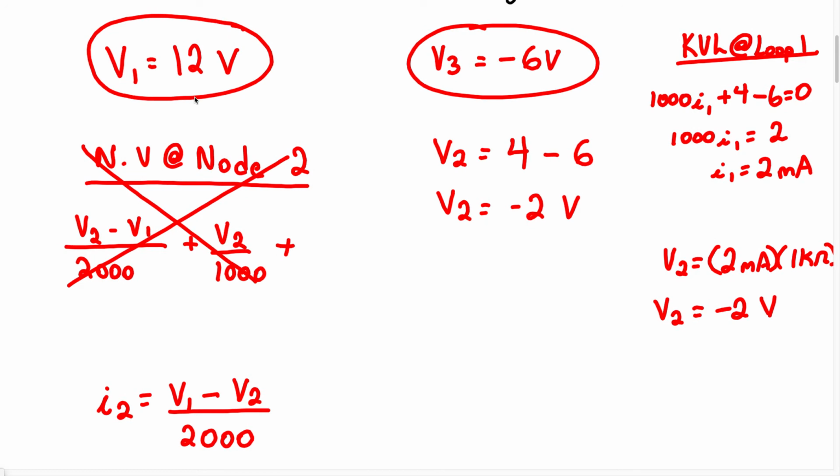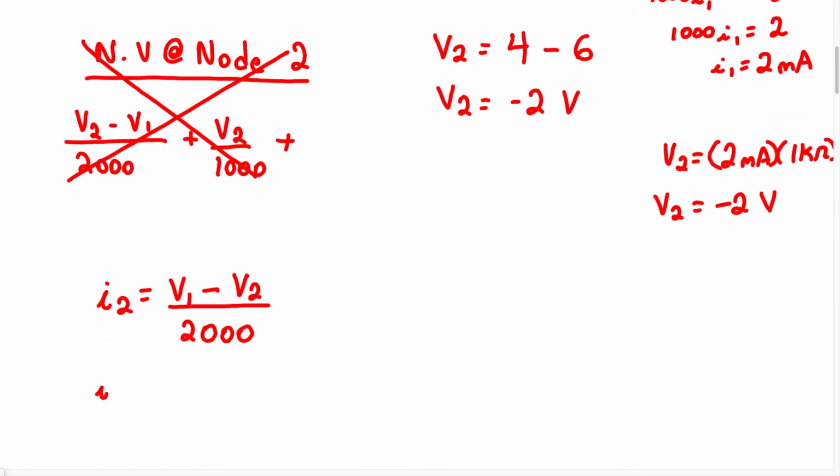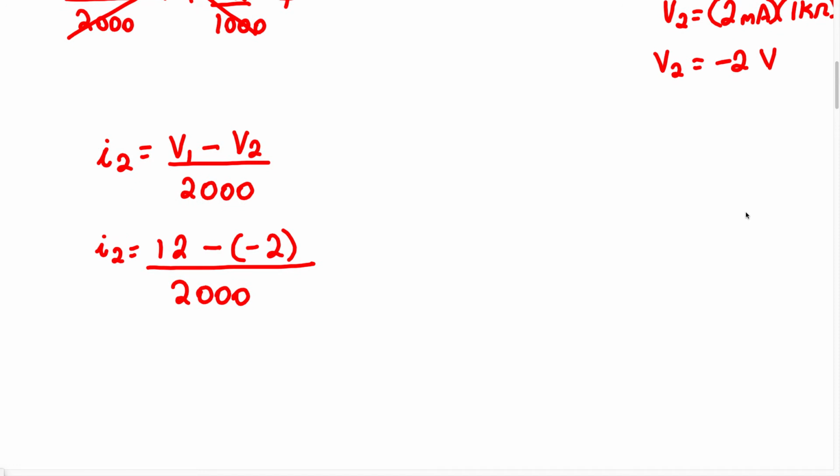V1 we found to be 12 volts, so we can say I2 equals 12 minus V2, which is negative 2. So we got negative 2 volts, right? All of this divided by 2000. So when we solve for this now, I2, which is the current flowing to that resistor, is going to be 12 plus 2 over 2000, which is going to be 14 over 2000.